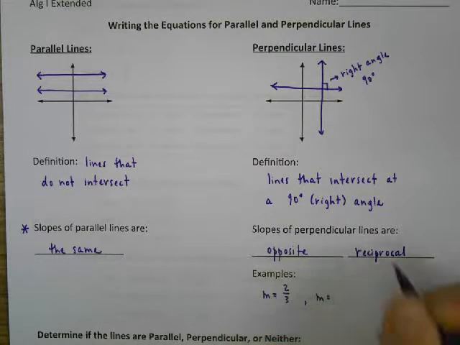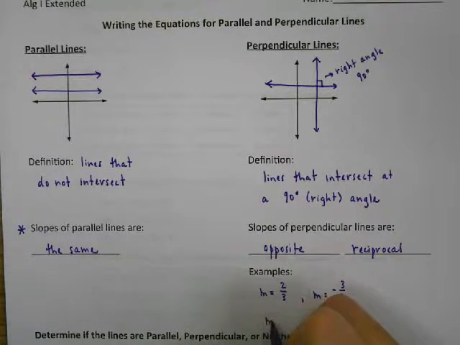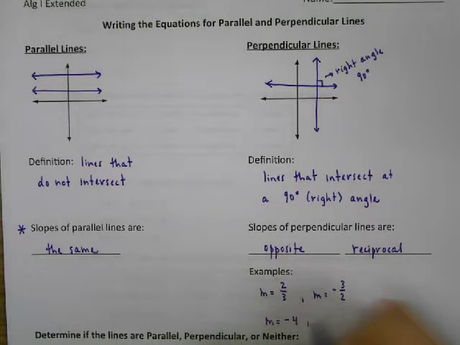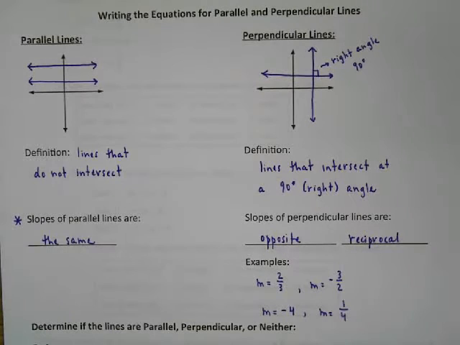And the other slope would be -3/2. Those would be perpendicular because we flipped the fraction and it's also the opposite sign. I could have a slope that's -4, and then my opposite reciprocal would be 1/4. So it has to be reciprocal and the two slopes have to be opposite signs.